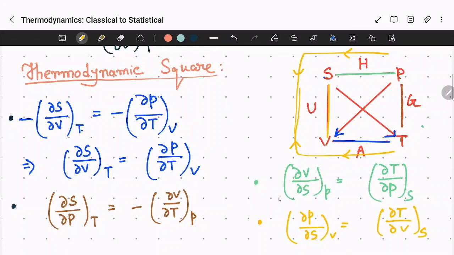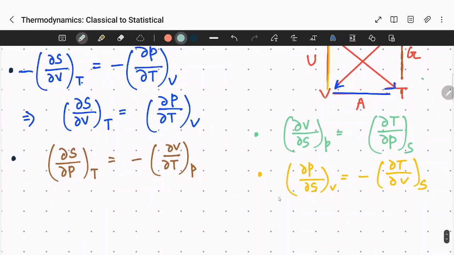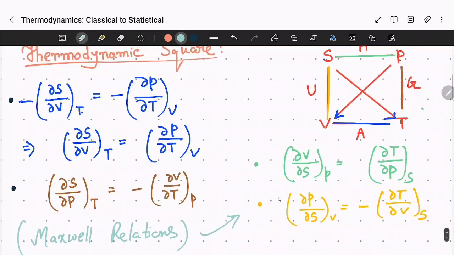One of them is consisting this arrow, so there will be a minus sign. So there are four equations. These are called Maxwell relations. These Maxwell relations can be easily remembered or derived using this Maxwell square, or the thermodynamic square.